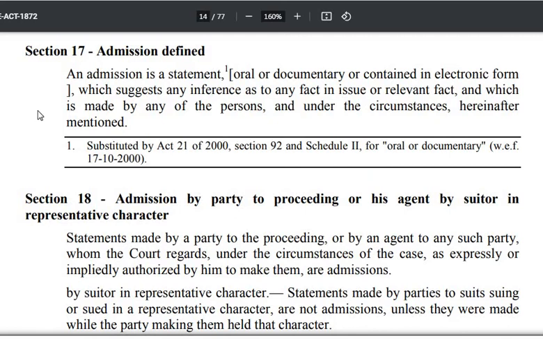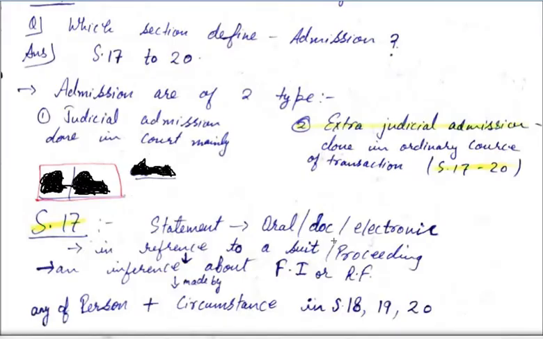Read it once again. An admission is a statement, oral or documentary or contained in an electronic form, which suggests any inference as to any fact in issue or relevant fact, and which is made by any of the persons and under the circumstances hereinafter mentioned. So they are saying that admission is a statement, and the statement can be an oral statement, documentary statement, or it can be in electronic form, and such a statement has to be seen in reference to a suit or proceeding.